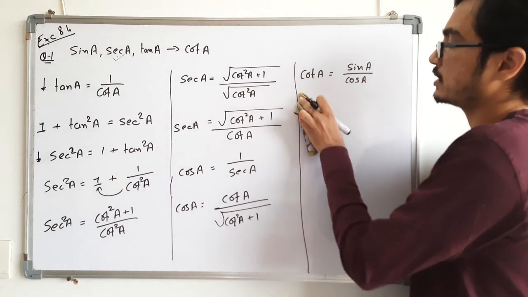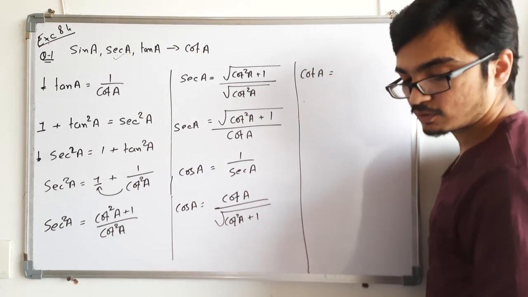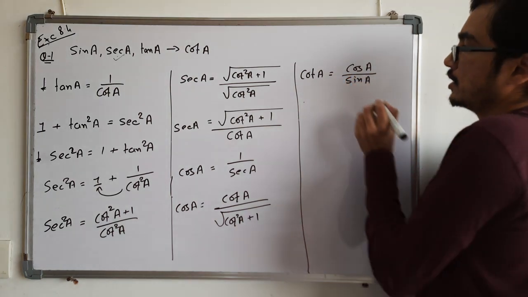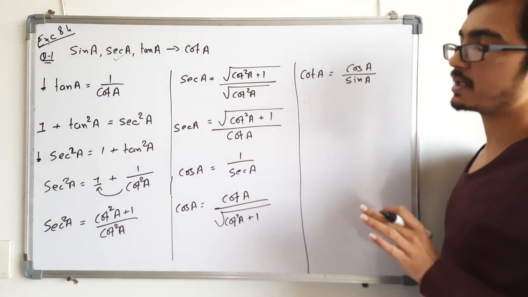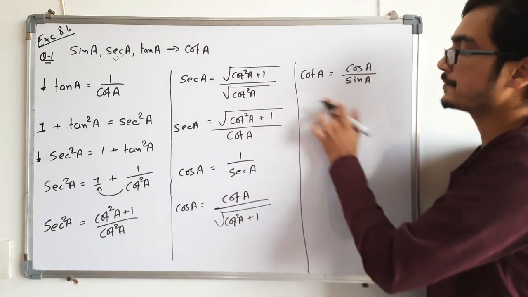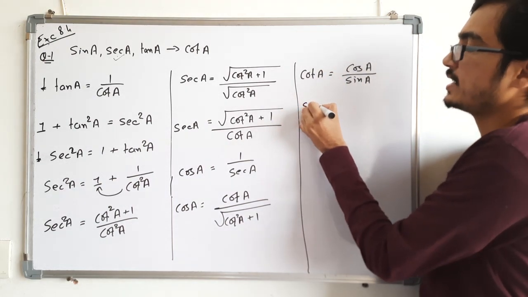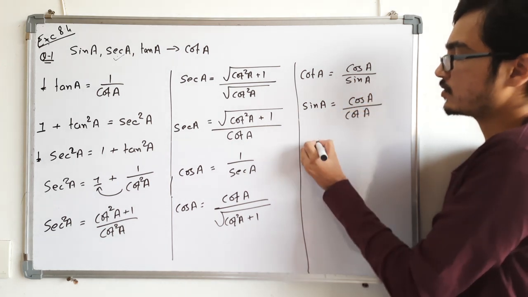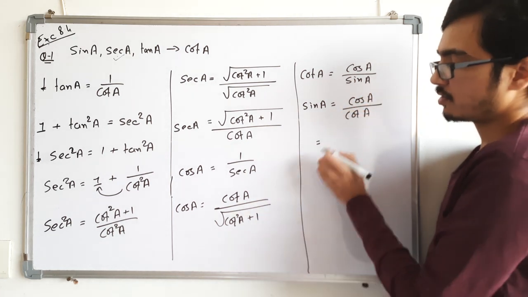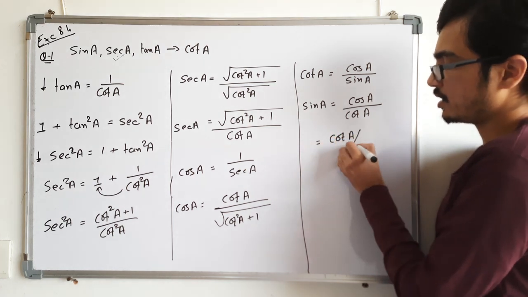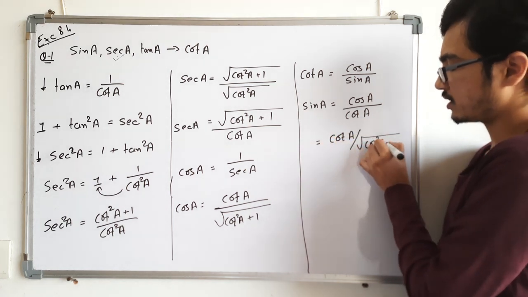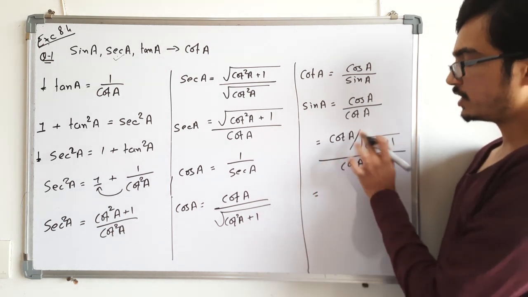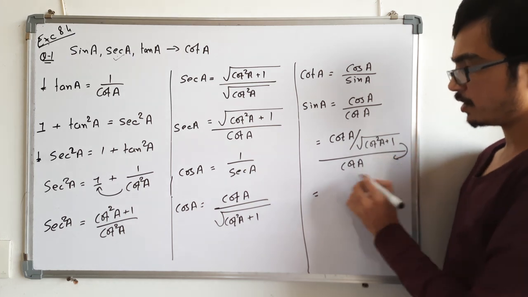Sorry to say, I have made a mistake. Cot A is equal to cos A upon sin A. Tan A is equal to sin upon cos. Cot is equal to cos upon sin. So sin A is equal to cos A upon cot A. So it is equal to cos A, that is cot A upon root cot square A plus 1, and upon cot A. So the numerator's denominator will be in the denominator.